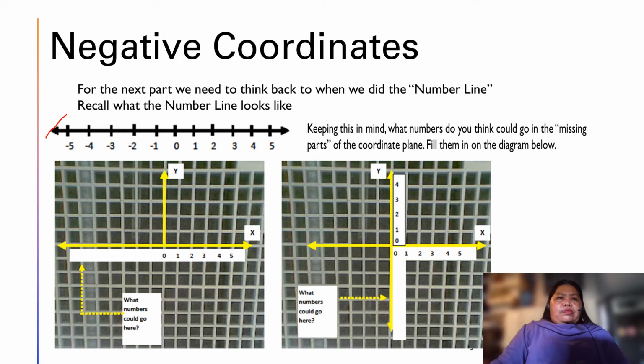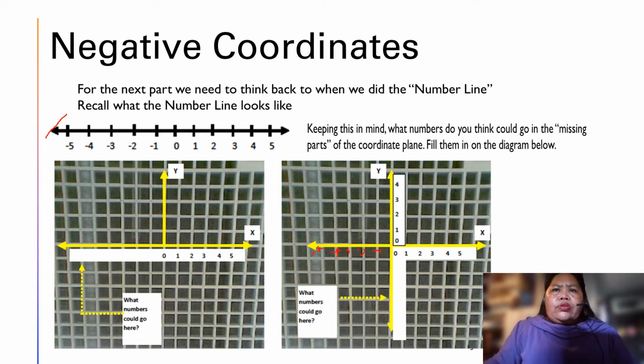So if you have these missing parts, okay, so we have the 0. Of course, we need to deal with negative, no? So we can have -1 here, -2, -3, -4, and -5. So these are negative numbers, okay?